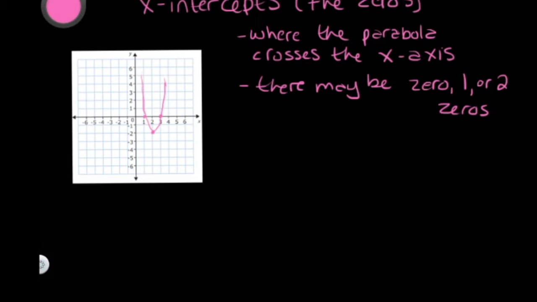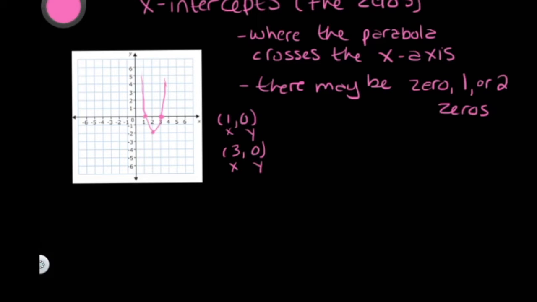This parabola has 2 different points where it is crossing the x-axis, right? So it's crossing right here at 1 and 0, right? The coordinates of this point right here are positive 1 on my x and 0 on my y. And it's also crossing right over here at 3 and 0 on my x and my y.